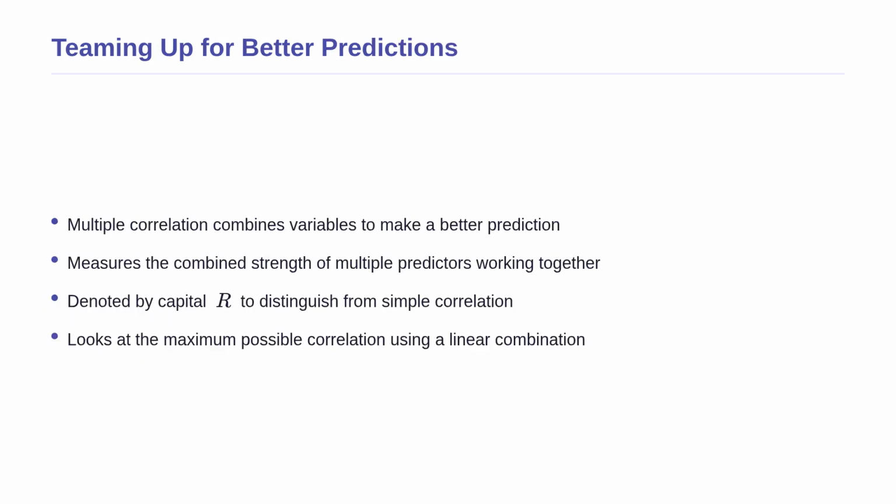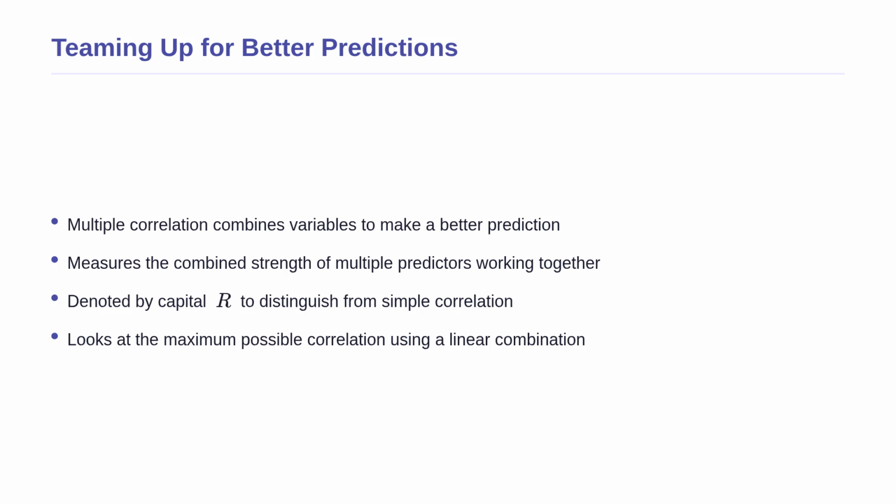Now let us look at the other side of the coin, multiple correlation. Instead of removing a variable, what if we want to team variables up to make a better prediction? Imagine a farmer predicting wheat harvest using both rainfall and fertilizer. Multiple correlation measures how well a team of variables can jointly predict a single target variable.